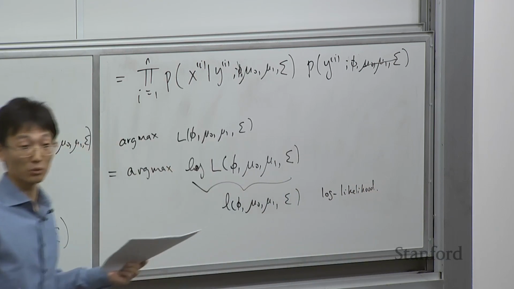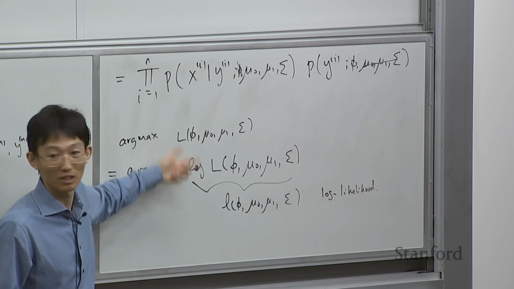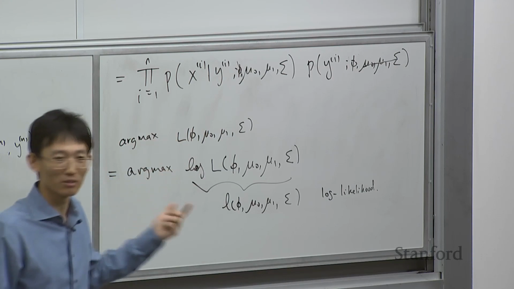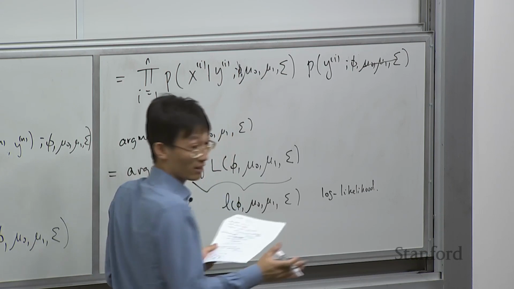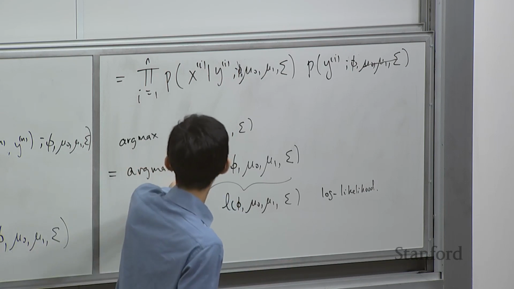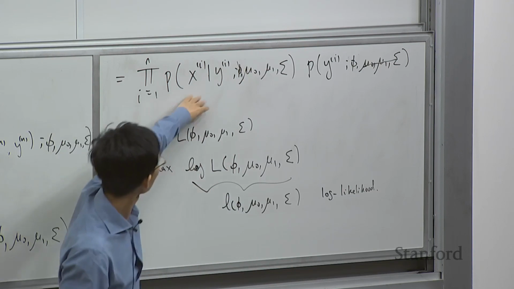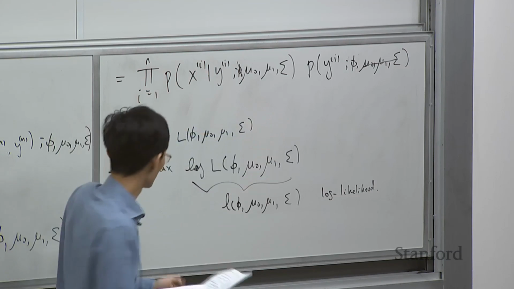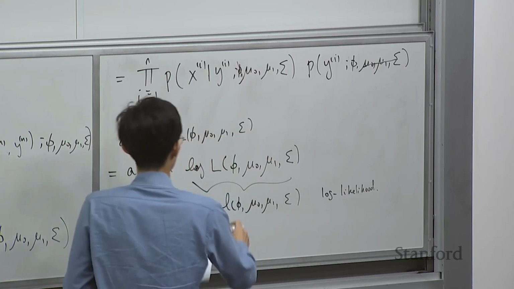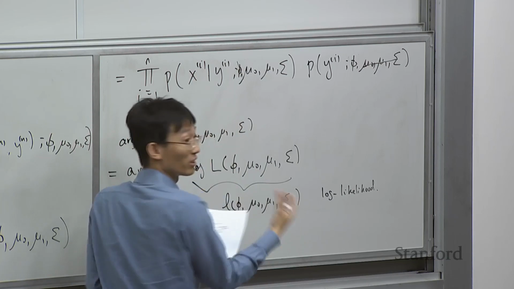Why are we doing this? It sounds like we just introduced even more symbols. The reason is that this will turn the product into a sum. The log of a product of a bunch of terms equals the sum of the log of each of the terms.